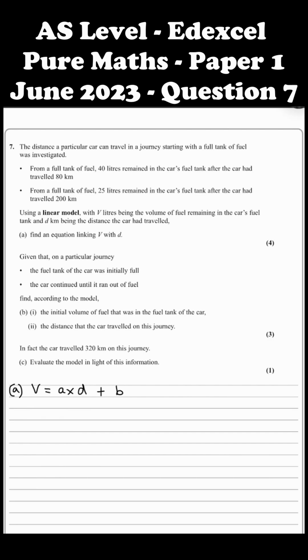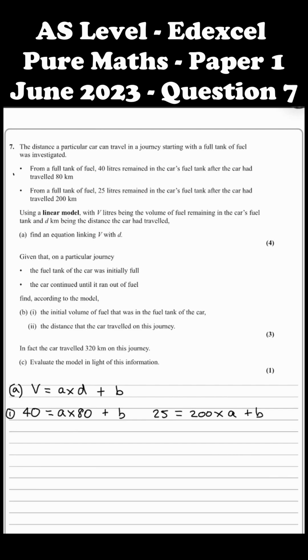So for the first point, we have 40 litres remaining in the car's fuel tank. So that's going to be 40 equals A multiplied by 80 plus B. And we also have, for the other line, 25 equals 200 multiplied by A plus B.